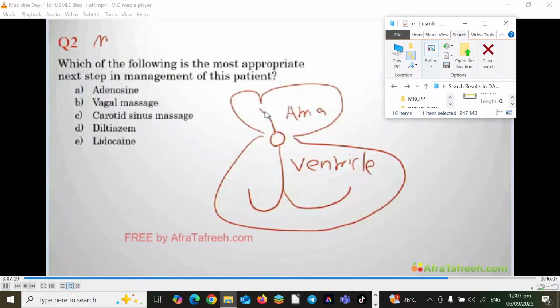That is the dreaded complication of any arrhythmia. You do not want him to have a circulatory compromise. That is what you are most concerned about.